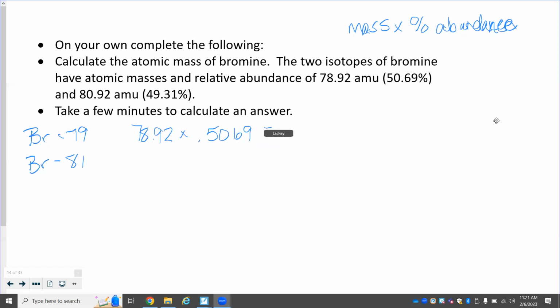So that has a relative mass of 40.005. For the bromine 81, that has a mass of 80.92. Our percent abundance is the 49.31. Move the decimal, that becomes 0.4931.